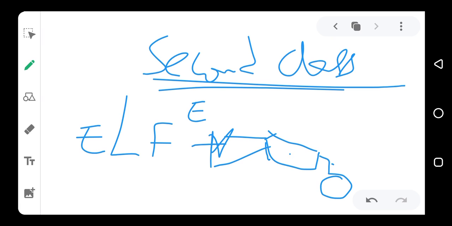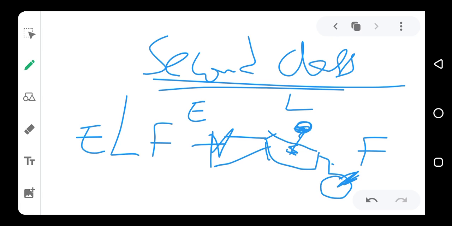This is where you put your load, whatever you want to put. Between, in the middle, is the load, and then the wheelbarrow is supported by the wheel or the tire. So this is the fulcrum, what supports it. So we have ELF in wheelbarrow. So wheelbarrow is an example of second class lever.